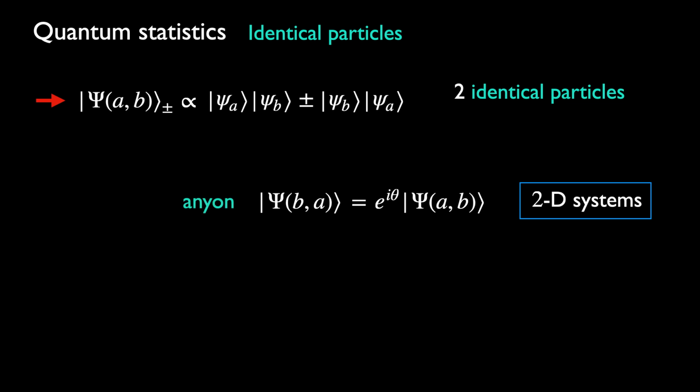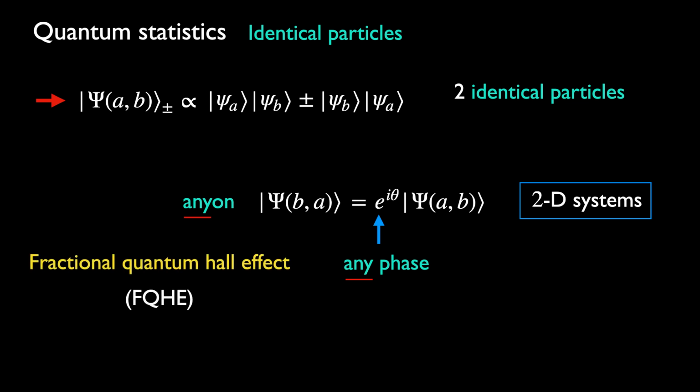Its name comes from the fact that under exchange, it is possible for its states to gain any phase other than the plus or minus 1 for bosons and fermions. Strictly speaking, these are quasi-particles, which are collective excitations in some materials. But these particles are far from hypothetical, and have already manifested themselves in the phenomena of the fractional quantum Hall effect. That's a topic for another video.